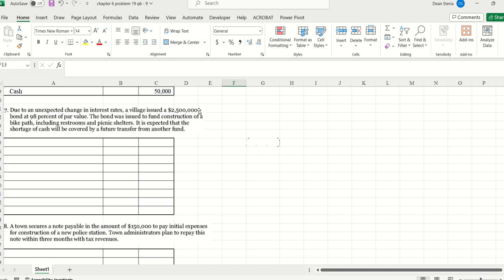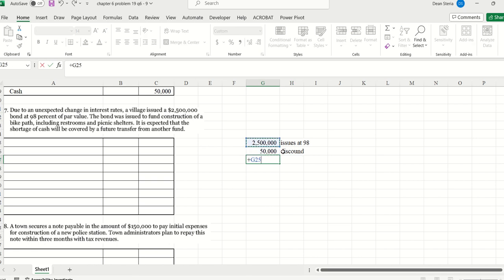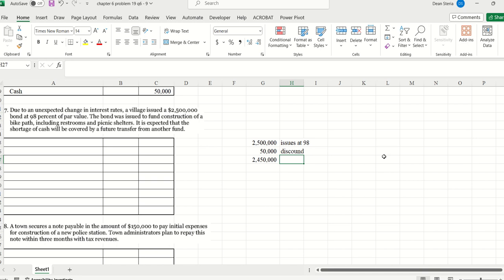Take the issuance and multiply it by 0.02, right? Because this is 98, we need 2 more to get to 100, which is this. So we have our discount, and then we have the amount we actually received.